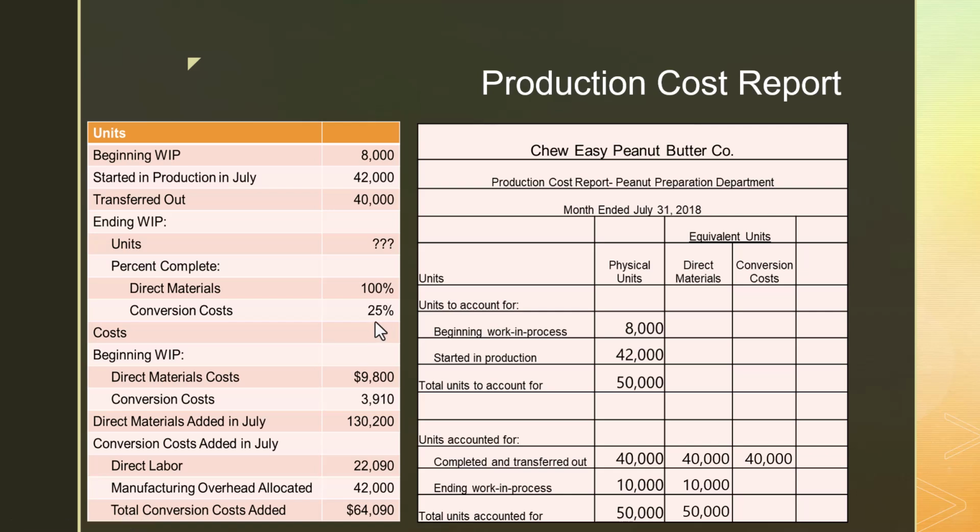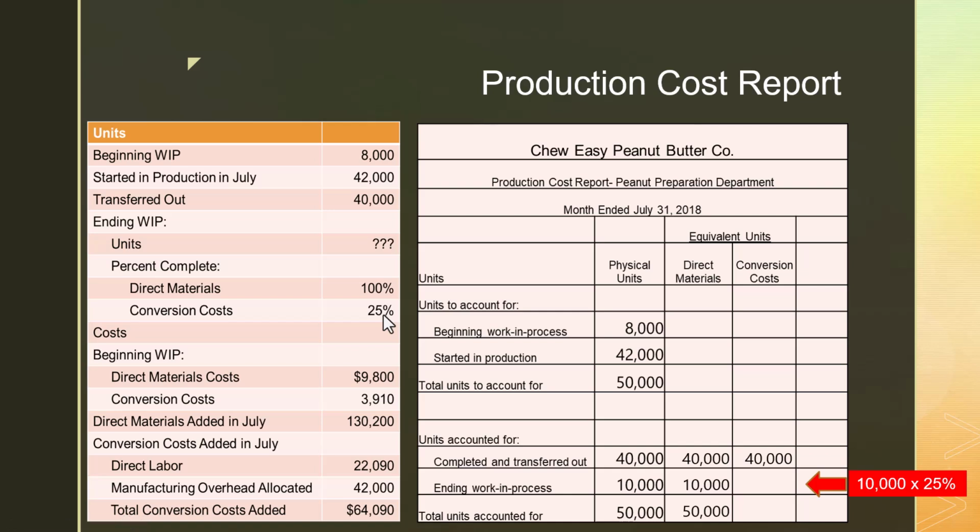So let's convert that into terms of equivalent units. How many units we could have completed start to finish for the same cost that it took us to complete 10,000 units 25% of the way. And that's exactly what you do. You just multiply the physical units that you have in your ending inventory times how complete they are for that particular cost component.